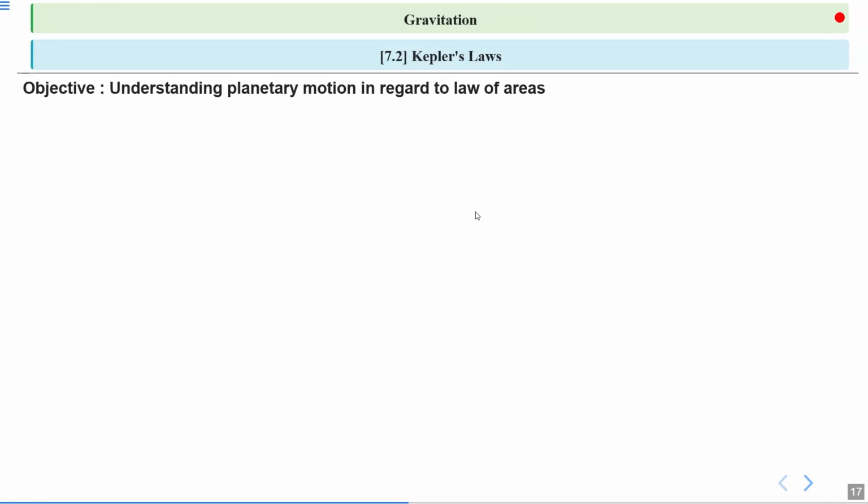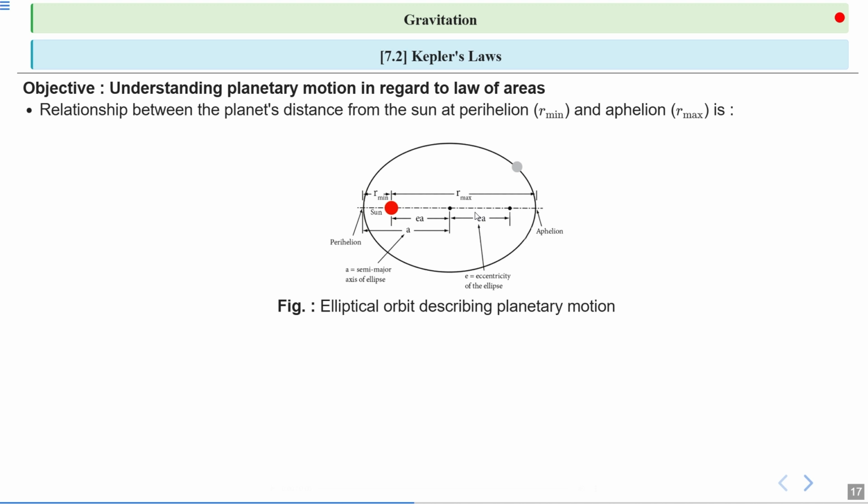We are going to explore the fascinating topic of planetary motion, specifically focusing on the law of areas. As you can see in the figure, the orbit is elliptical. This means that the distance varies as the planet moves. Here we have mathematical expressions for these distances.